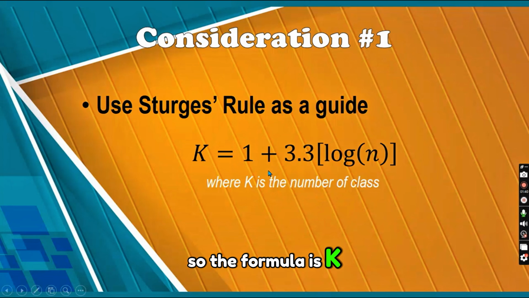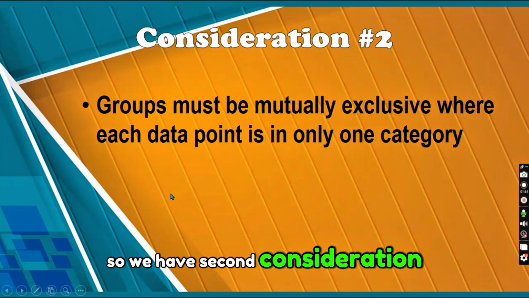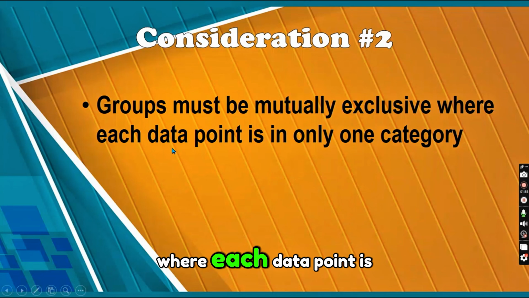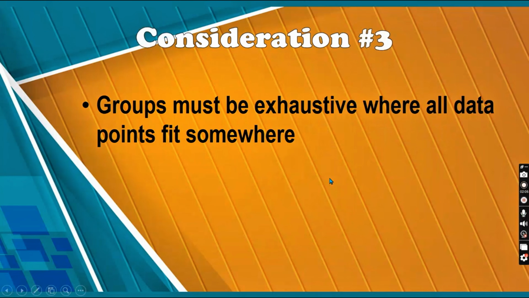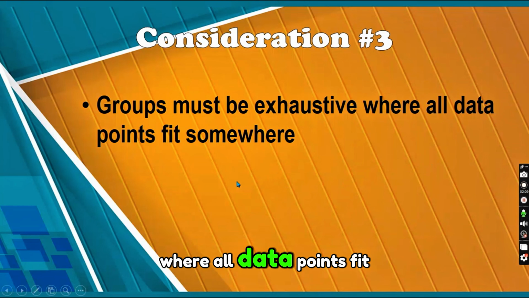The formula is K is equal to 1 plus 3.3 times the logarithm of N. Second consideration, groups must be mutually exclusive, where each data point is in only one category. Third consideration, groups must be exhaustive, where all data points fit somewhere.